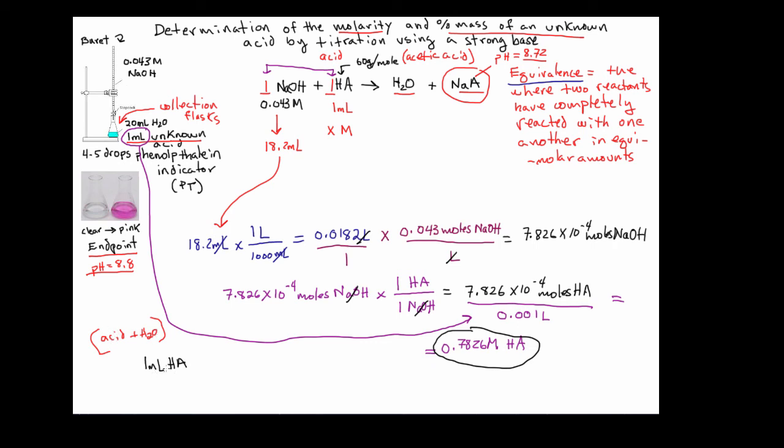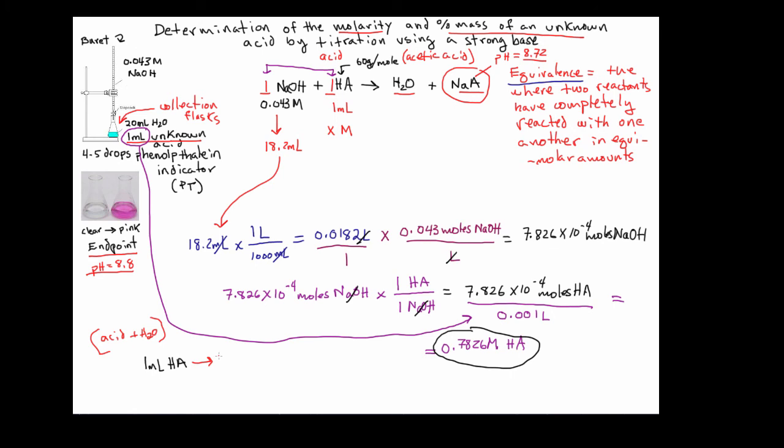So in order to figure out this part, we need to know the mass of 1 milliliter. Your teacher may have different ways they're going to ask you to figure out the mass of this, depending on the sophistication of the laboratory. In my laboratory, I have the students carefully pipette 1 milliliter with an analytical pipette into a paper cup on a scale to figure out the mass of the 1 mL.